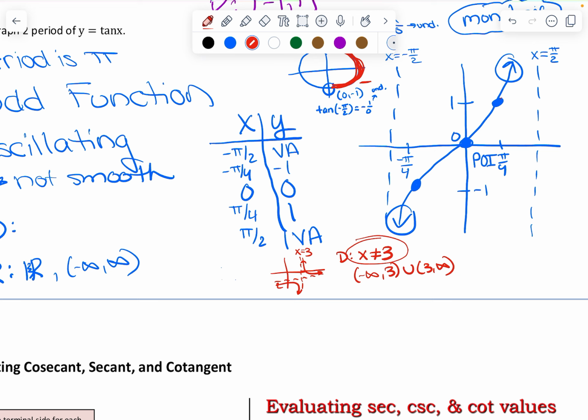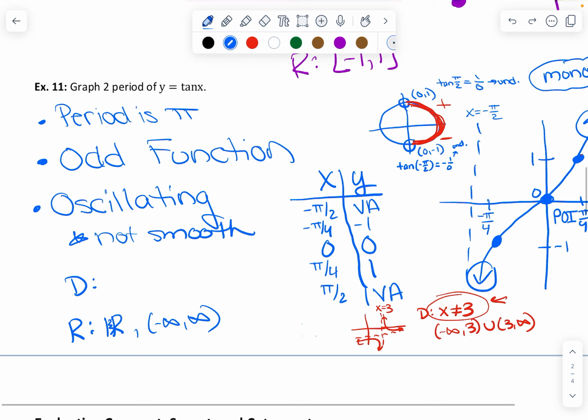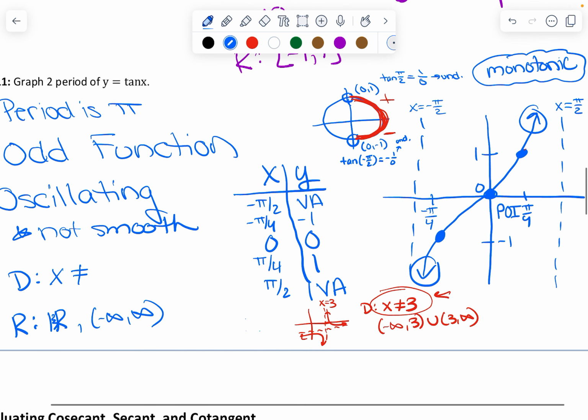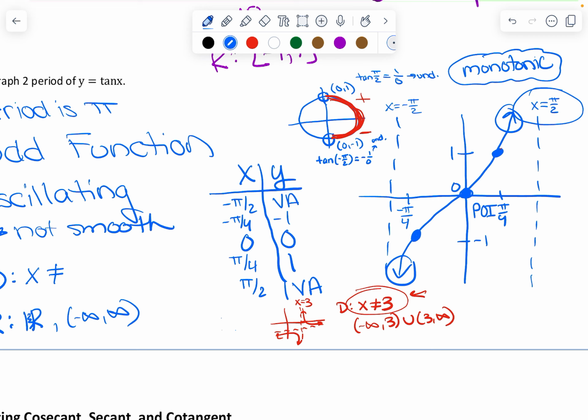Now for tangent, we have an infinite number of vertical asymptotes, so we have to write it this way. There's no way that we can include every single vertical asymptote by writing it as a union, all right? So we need to exclude the values from our domain that we can't use. So we can use all values in our domain except for, let's start with the first positive vertical asymptote. It's pi over 2. So I can include all values within the domain except for pi over 2.